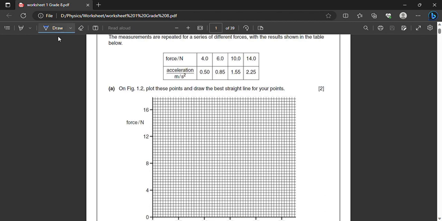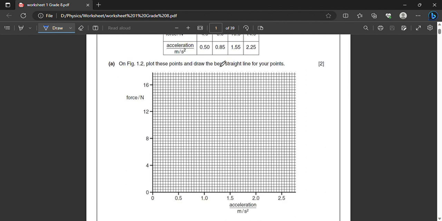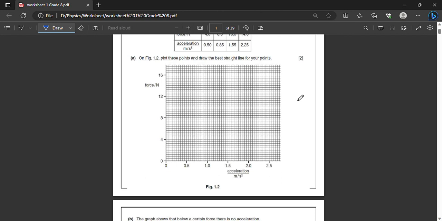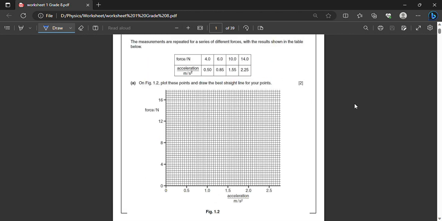So let's plot the details first. Here they said 0.5 newtons, which will be 4. Okay, let me make the size smaller. Now 0.5 is 4, so let's mark this point as 4.